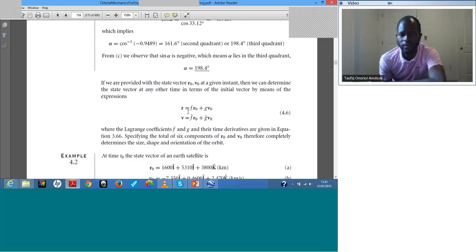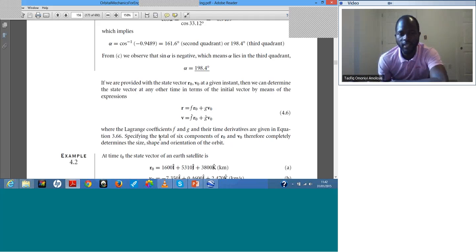I hope you still remember F, G, F dot, G dot are the Lagrange coefficients. We use the Lagrange coefficients to determine the position vector of a mass on an orbit at a later instant in time, given the initial values of such position vectors.